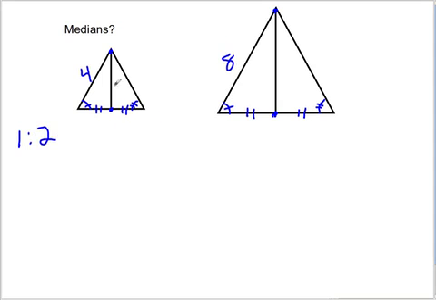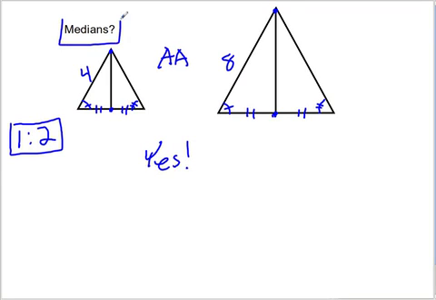And so the question is, this median and this median, are they related in the same proportion as the sides, seeing as how the triangles are similar because of AA? And the answer to that question is yes, they are. Medians are also proportionally related to the same ratio as the sides.